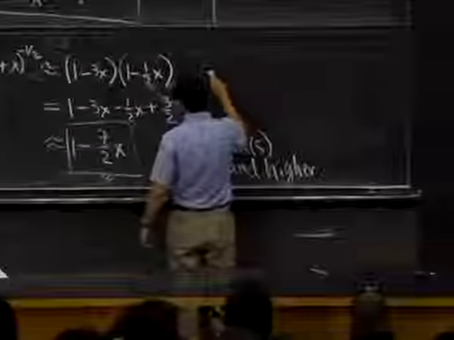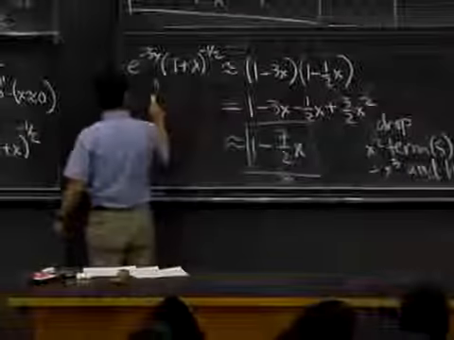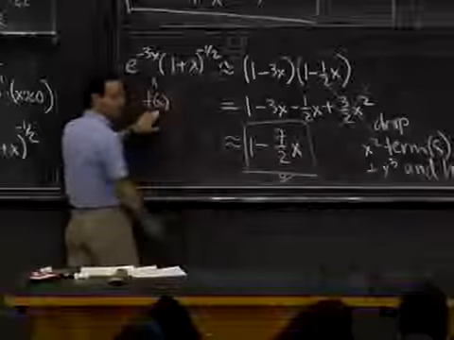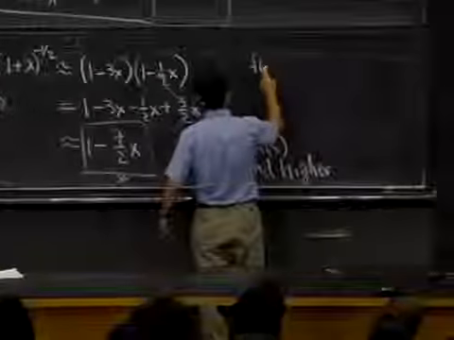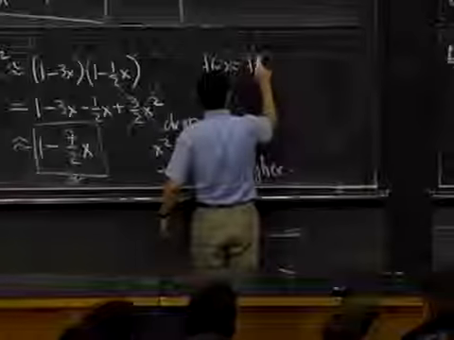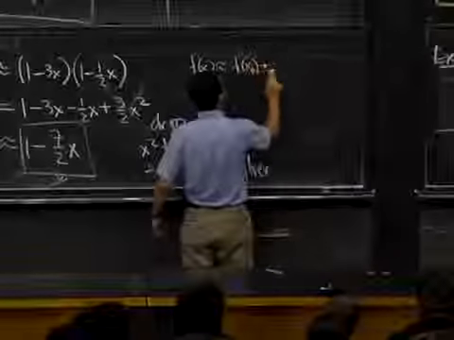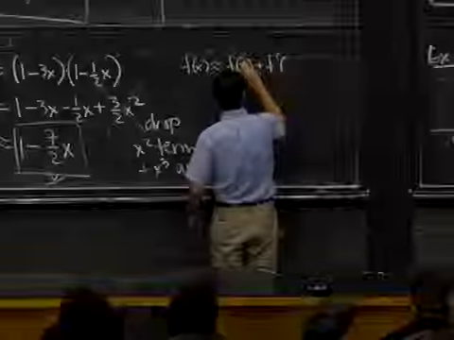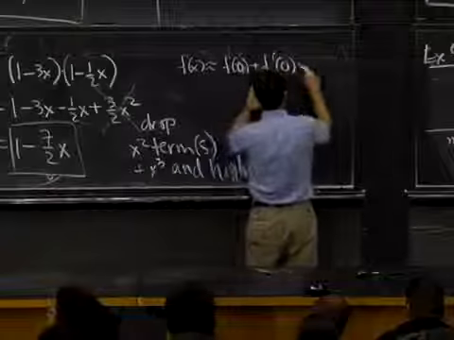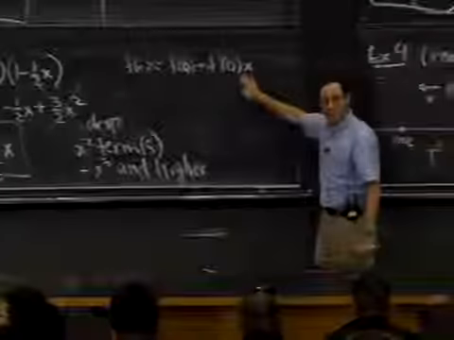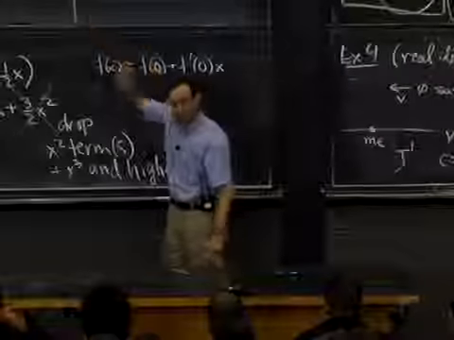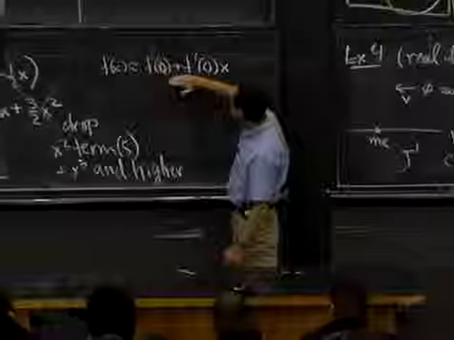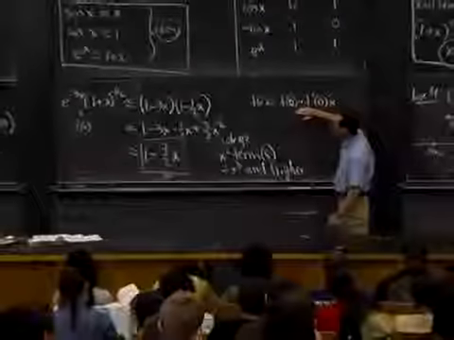If I call this function f of x, then it must be true that the linear approximation is f of x 0 plus f prime of x 0 times x. So that should be true. That's the formula that we're using. It's up there in the pink also.